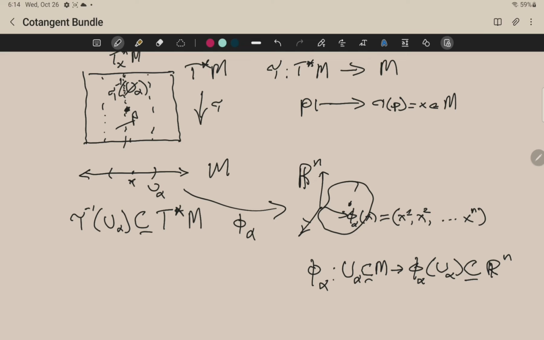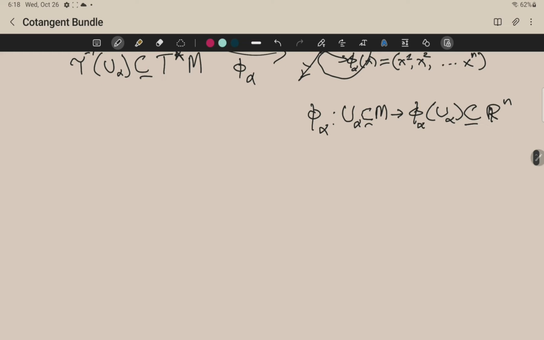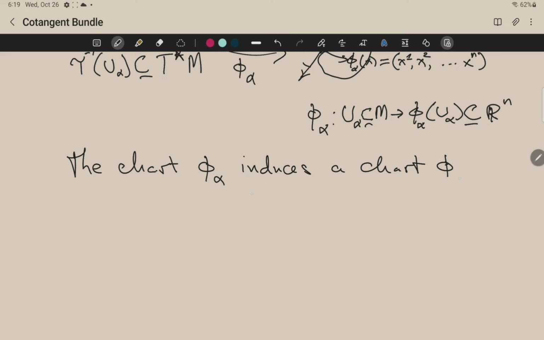Then if you have another open set containing X, let's say U of beta. This chart here, phi of alpha, will induce a chart on the cotangent bundle.